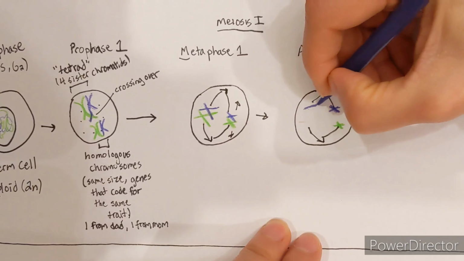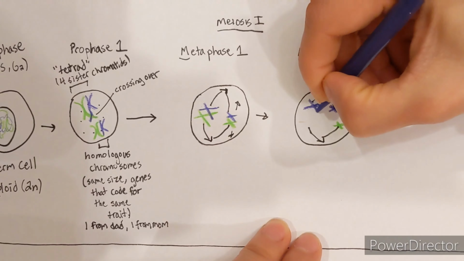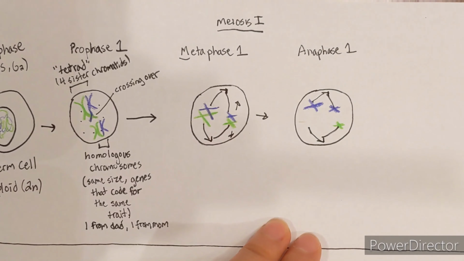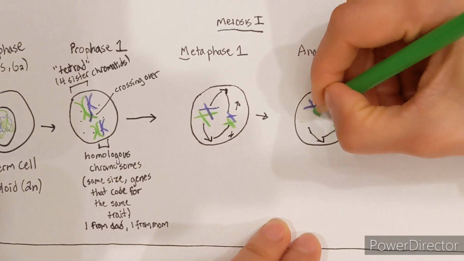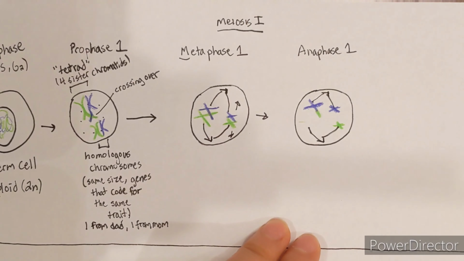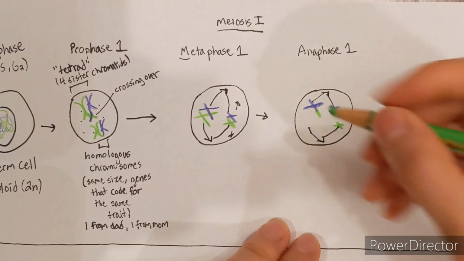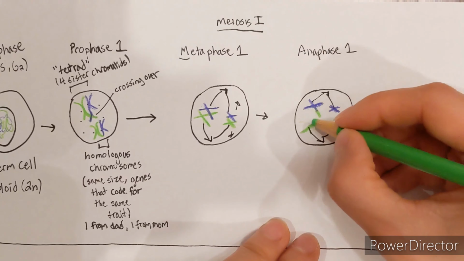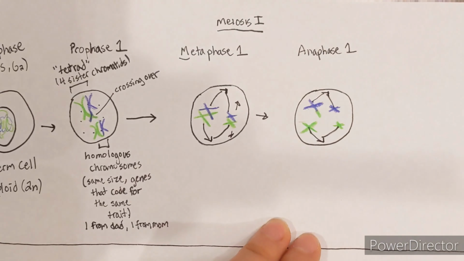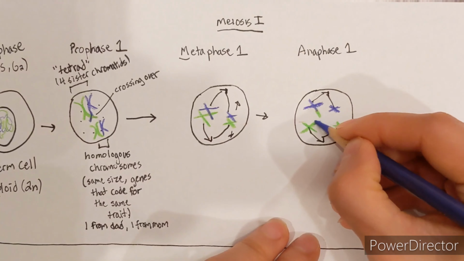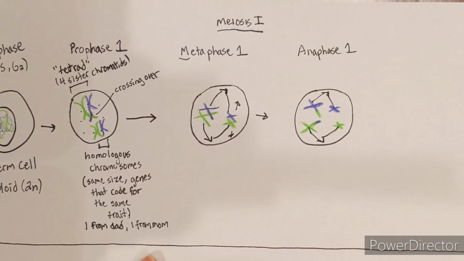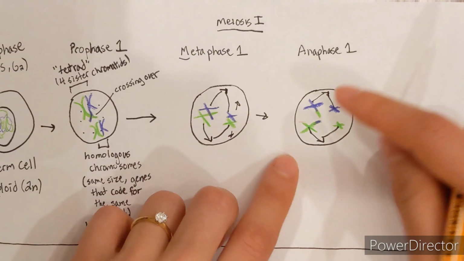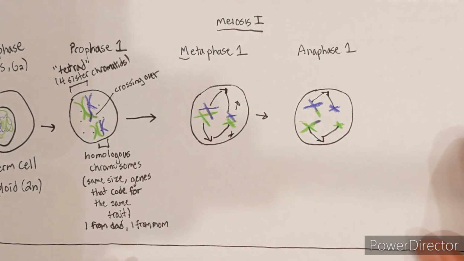Over here, because of crossing over, I've got mostly this guy, but he's stolen a little leg off of his homolog. And the same thing is happening over here. Mostly okay, but he's stolen a little leg off of his sister homolog. So now you can see where we're going to get some genetic variation or mix-up happening.